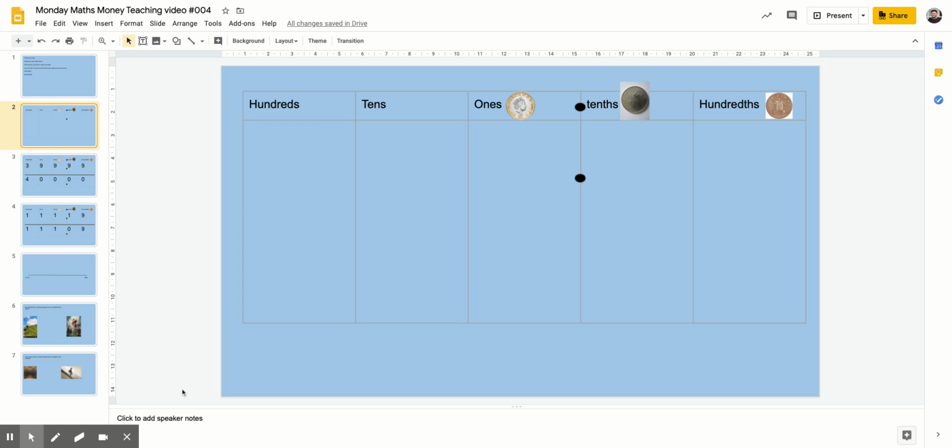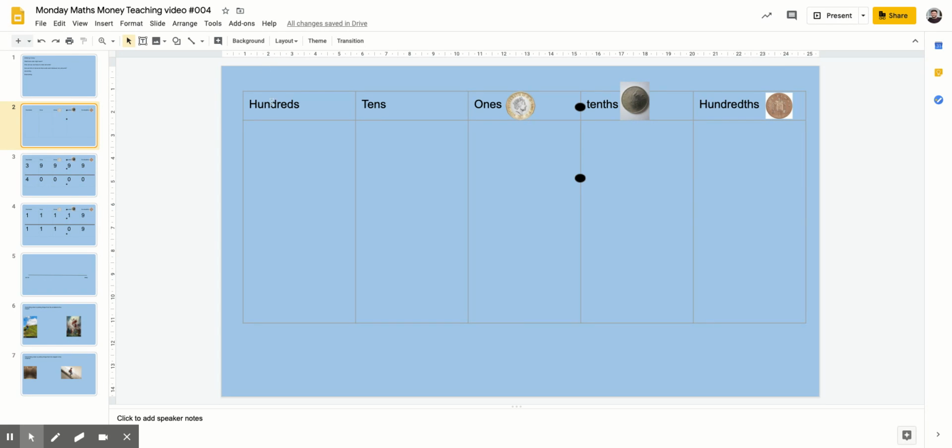So here I have a place value chart and I've just amended it slightly so that we've got the pounds, which you can clearly see in the 10p's and the 1p's. So let's just go through the place value chart quite quickly. You will know them very, very well by now.